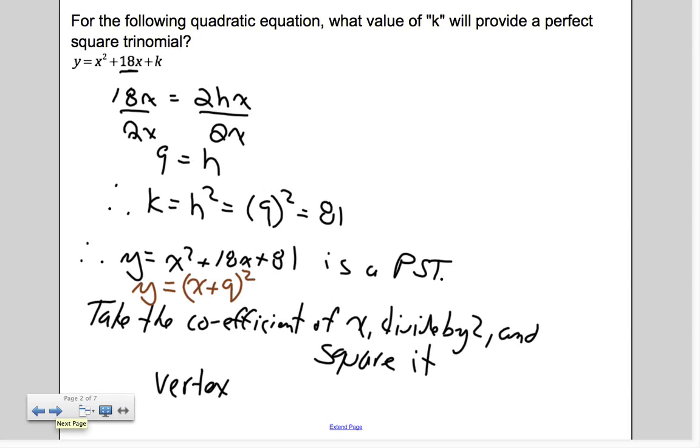So just like in our other example, we know that the vertex is -9, 0. Right? If we get a perfect square trinomial, it's easy to pick off the vertex because it's in vertex form: x minus something quantity squared.